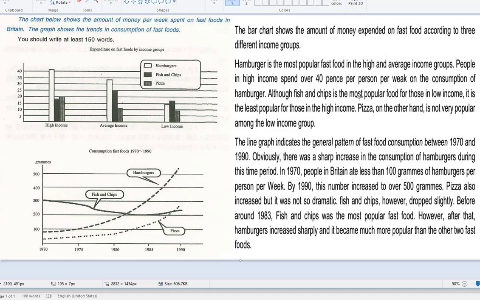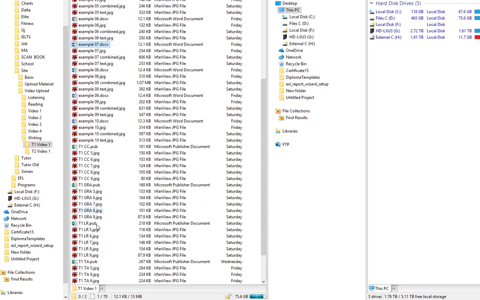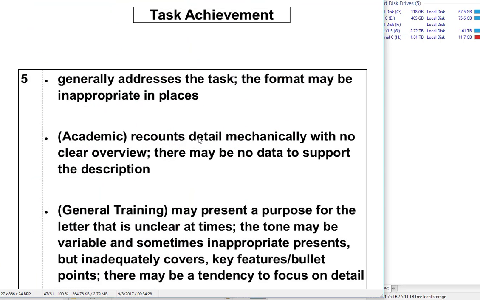See, we have all these things here, but there's no data. The only data is this, 40 pence. Fish and chips is the most popular food for those in low income. Well, yeah, but how much did they spend? You don't tell us that. The numbers are missing. If the numbers are missing, that means there may be no data to support the description. So you need to give us the data if you're going to be making claims.